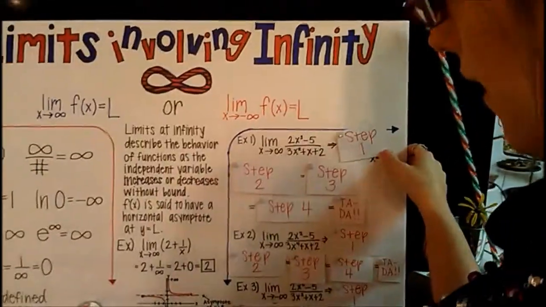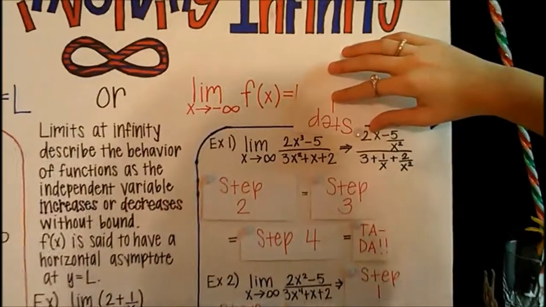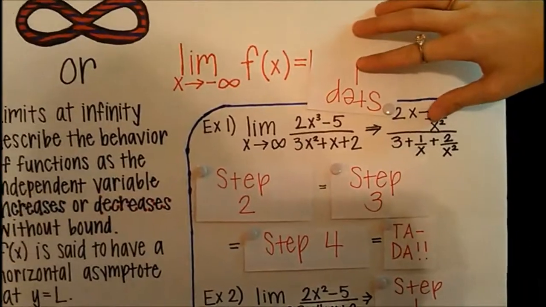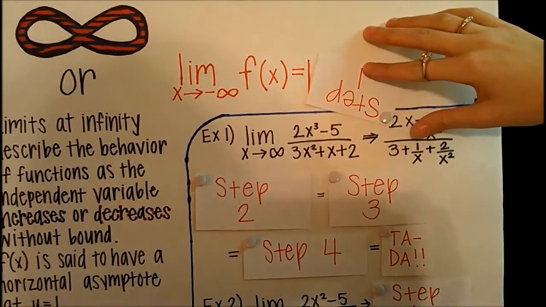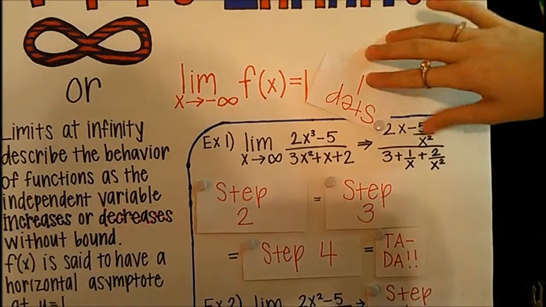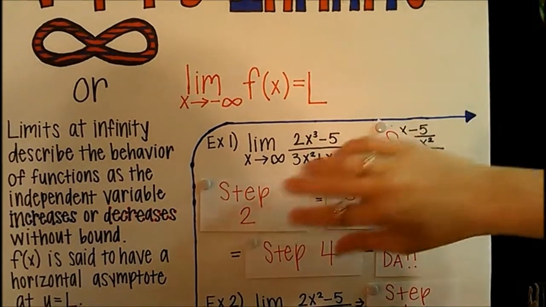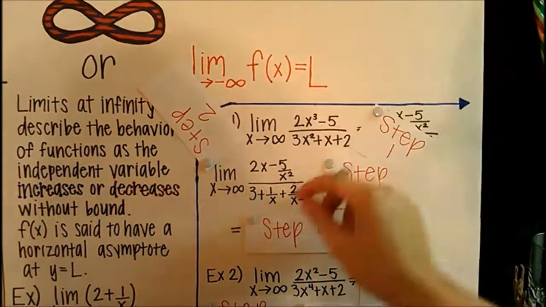And by doing that, you come out with 2x minus 5 over x squared, over 3 plus 1 over x plus 2 over x squared. Now from this step, you must reapply the limit to your new function.